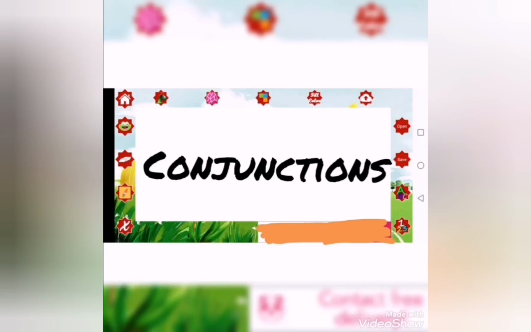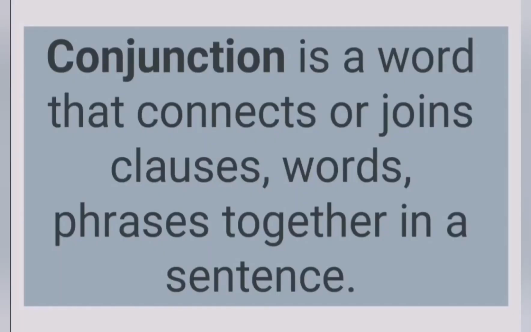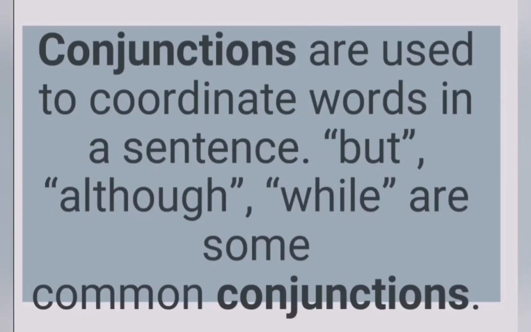The seventh part of speech is conjunctions. Friends, a conjunction is a word that connects or joins clauses, words, or phrases together in a sentence. Conjunctions are used to coordinate words in a sentence.